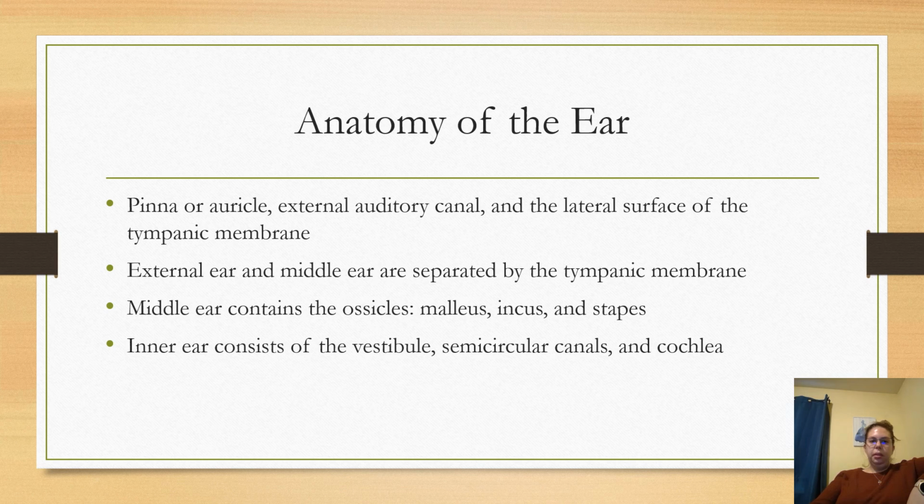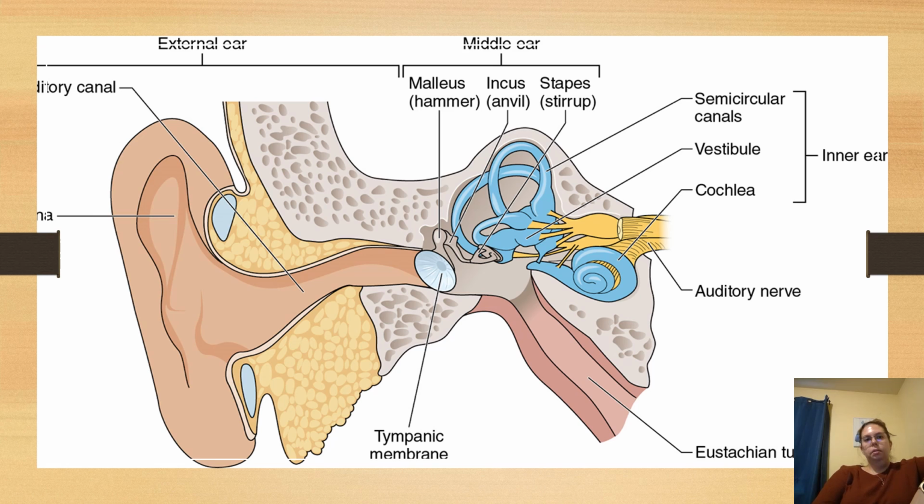And the middle ear consists of the ossicles, the malleus, incus, and stapes, and that's what helps us understand sound. But then the inner ear is the vestibule, semicircular canals, and the cochlea, where sound is actually transmitted into your brain.